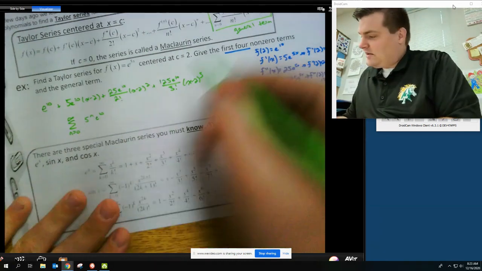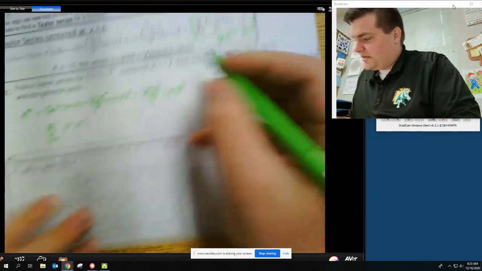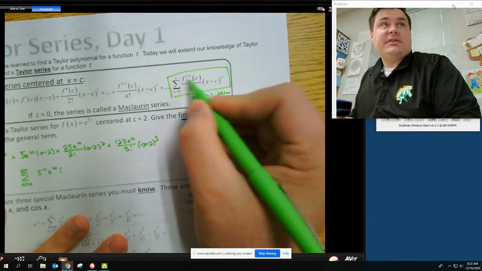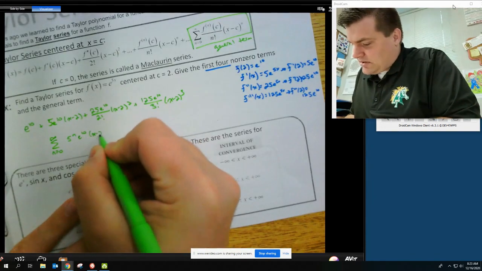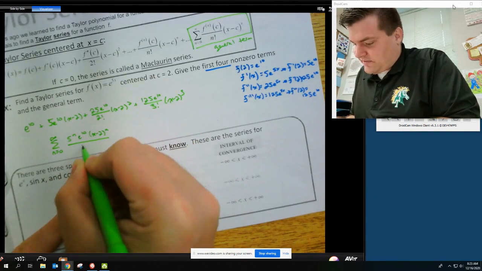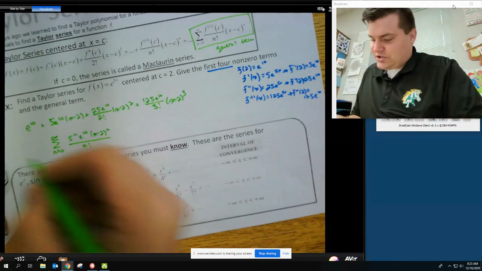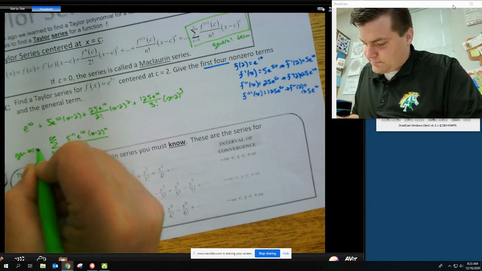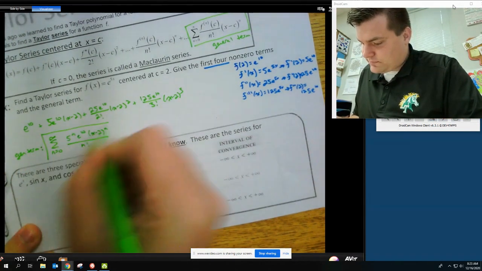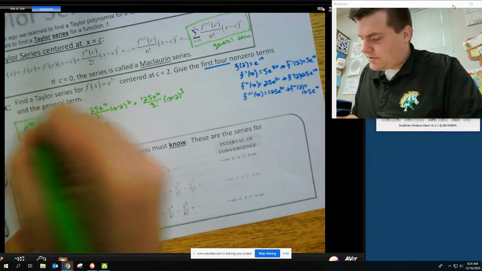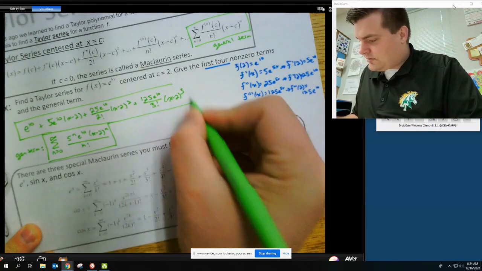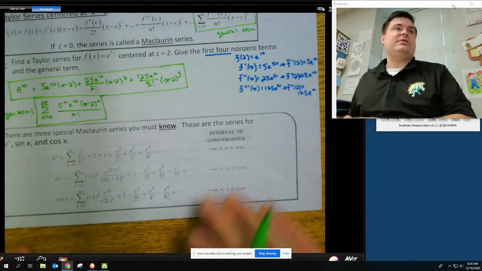And then we're going to get the x minus 2. After that, just (x minus 2) to the n all over n factorial. So this is the general term. So first 4, and then the general term.